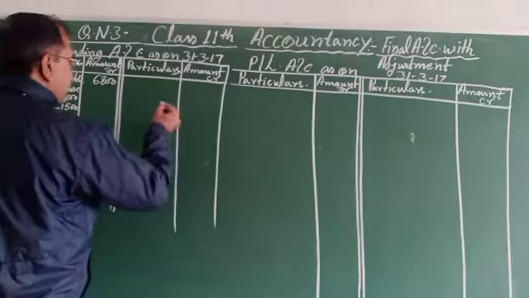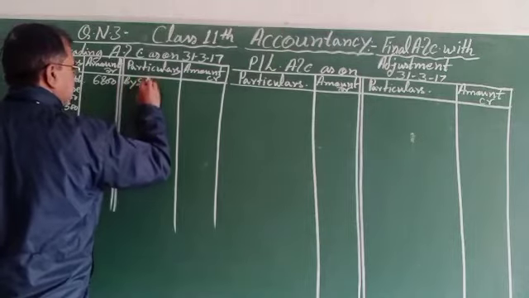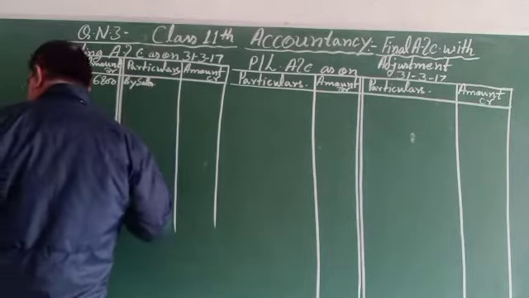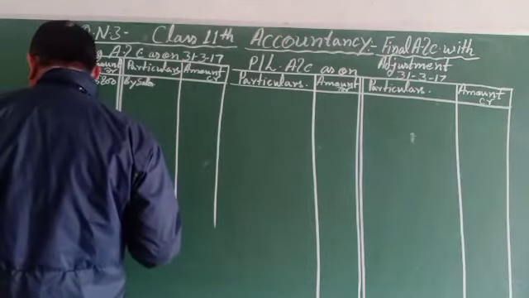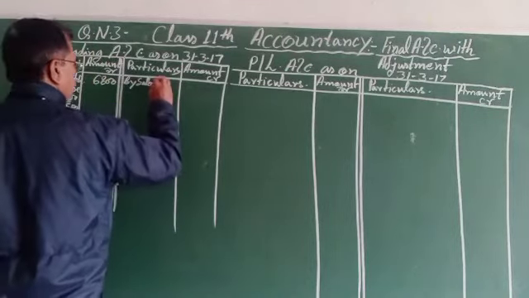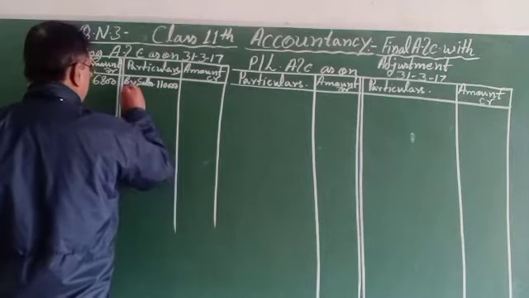And here in credit column, sales, purchase and sales 1,10,000. 1,10,000 less return.